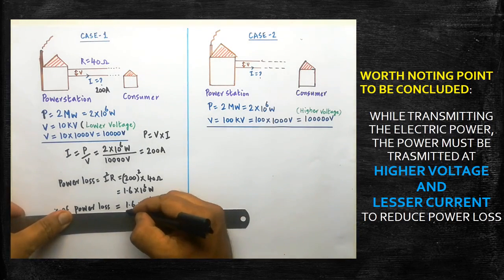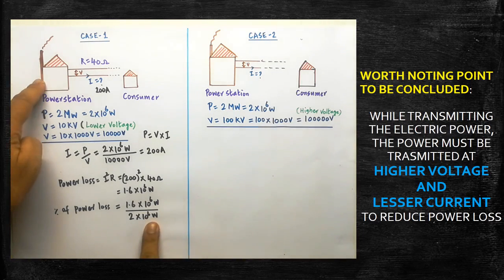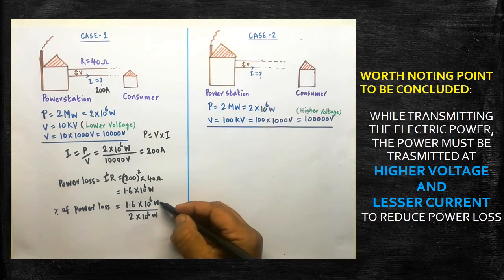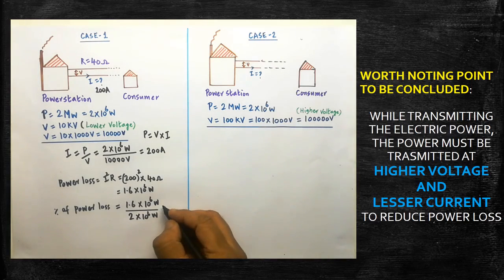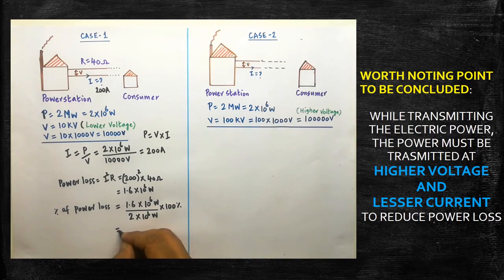The total power which is sent from the transmitting end, 2 megawatt, 2 into 10 to the power of 6 watt. This much power is sent from the power station, and this much power is lost in the wire. So that is to be multiplied with 100%. Only then you will get the answer in terms of percentage.